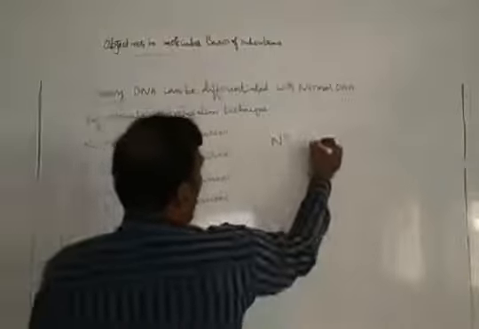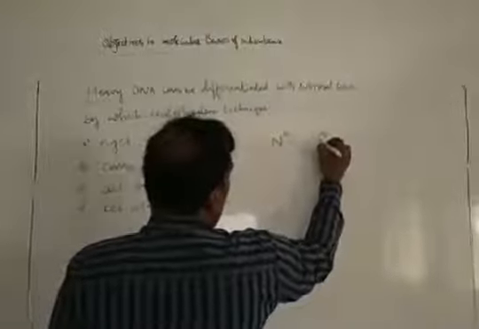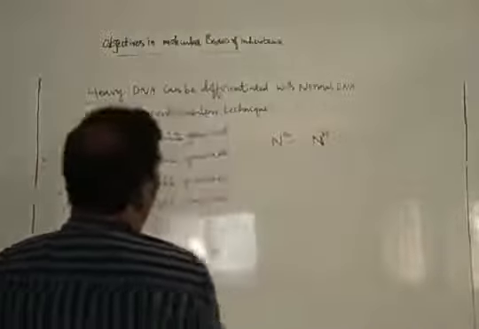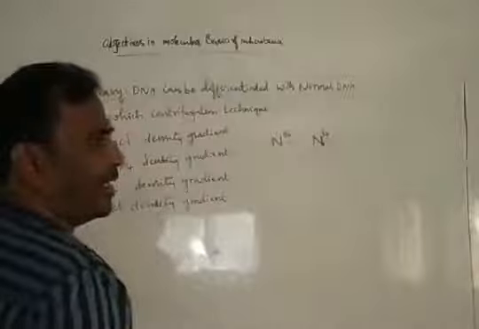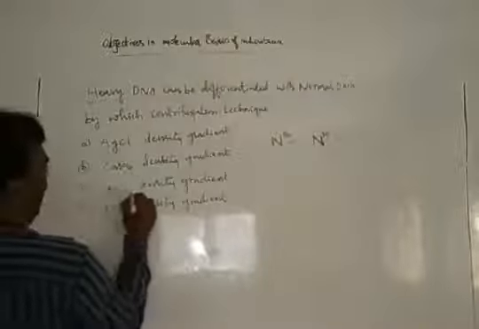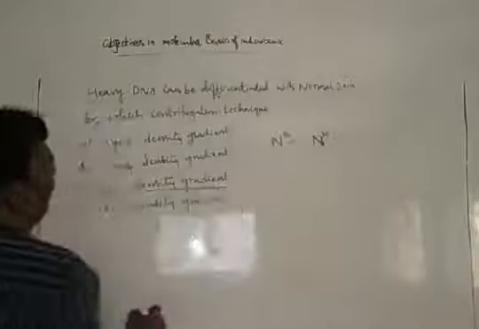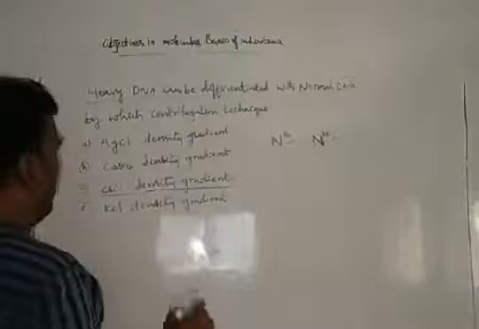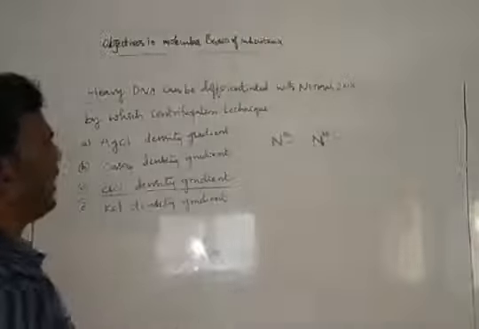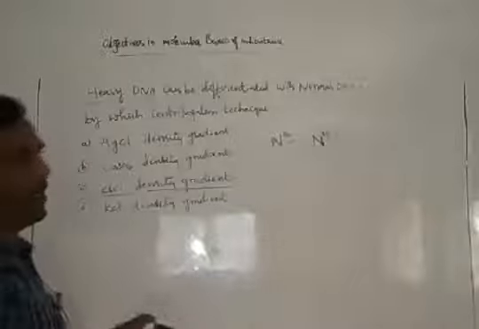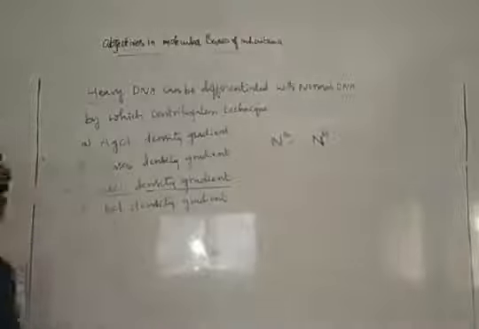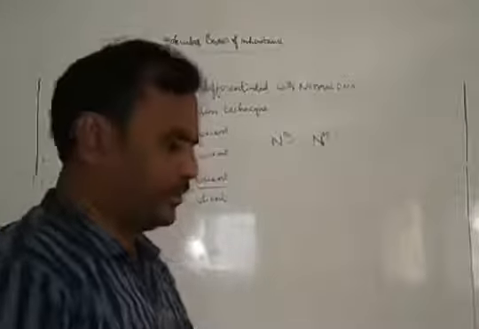Normal DNA contains N14 in its nitrogen bases. They are differentiated by one centrifugation method: cesium chloride density gradient centrifugation is used for the differentiation of heavy DNA from normal DNA. So this is the right option. This C option is the right option here.